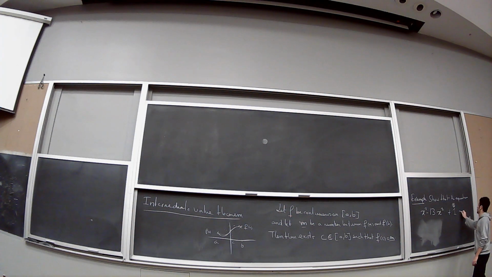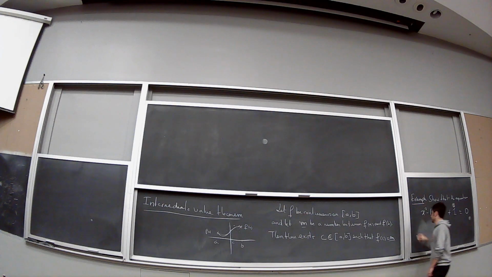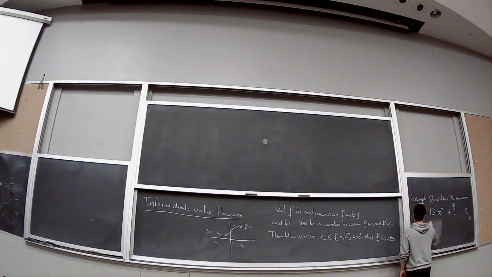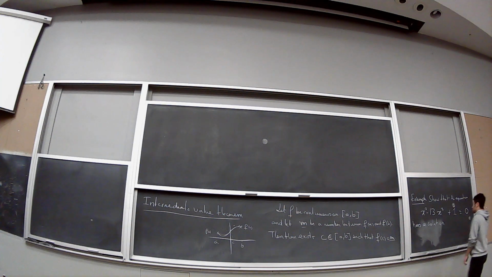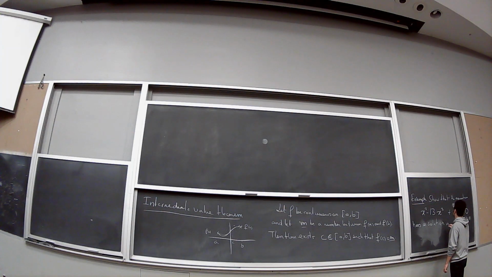Okay. Is equal to 0 has a solution in, let's see, 1 minus 13 plus 1. Wait. 1 minus 13 plus 1, this is negative. And 0, 1.